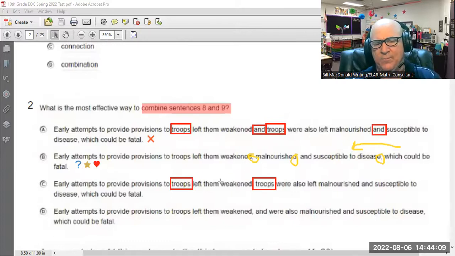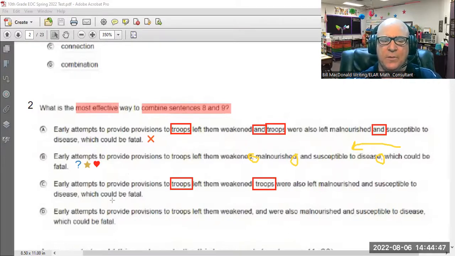Between B and C, which were very similar, B has less repetition, because remember the eyeball: look for repetition or look for a run-on. Since B has less repetition, remember what we said: we want the most effective choice, and a sentence without repetition is more effective than one with repetition.